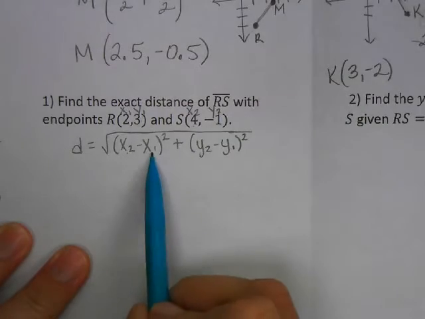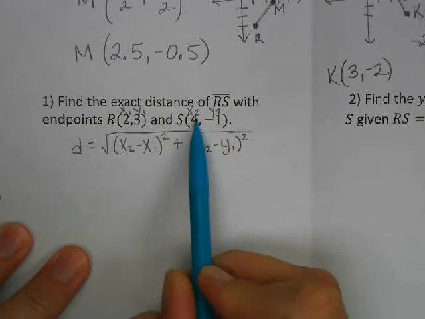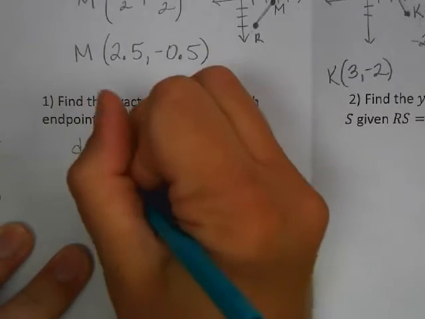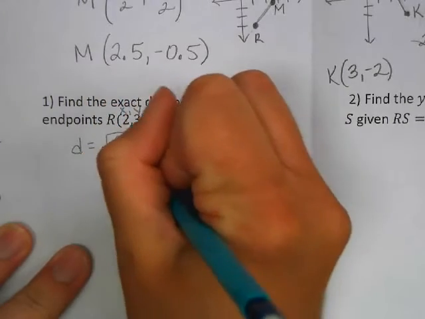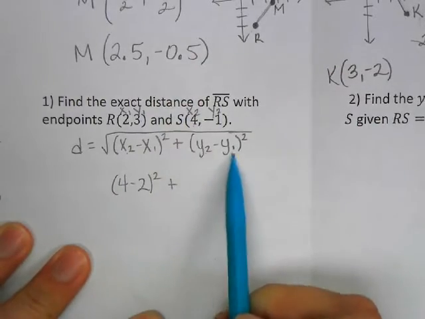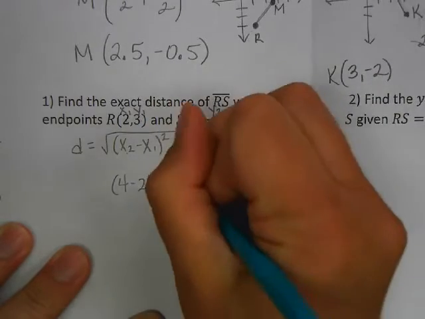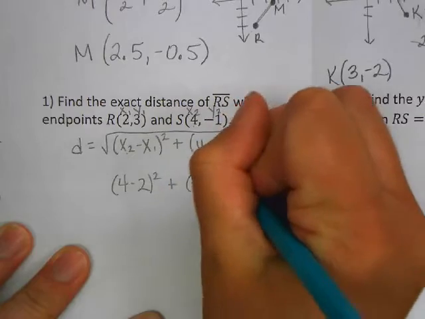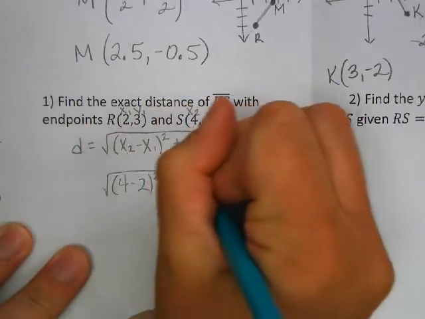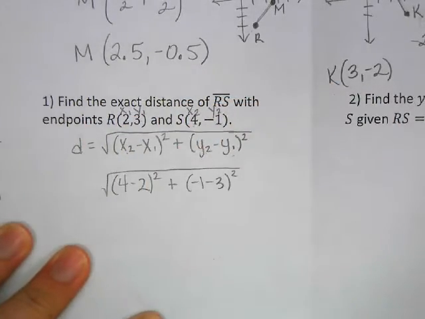So x2 minus x1 is 4 minus 2. y2 minus y1 is negative 1 minus 3. And you have to perform the order of operations here.